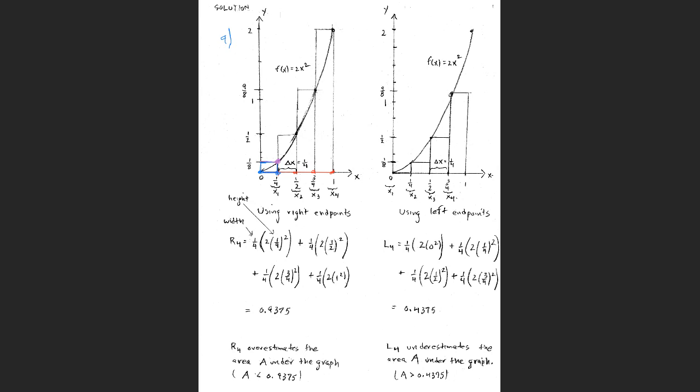So then the next rectangle goes from a fourth to a half, right? I'll draw on the next rectangle here, and I'll draw it in blue.